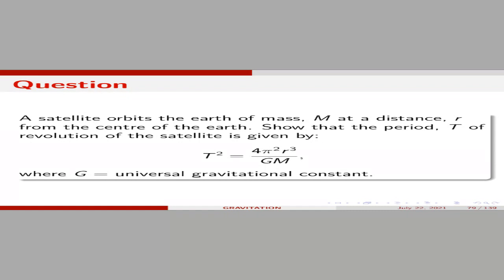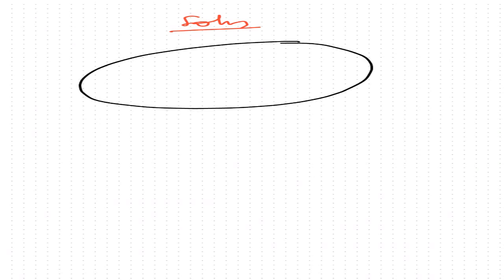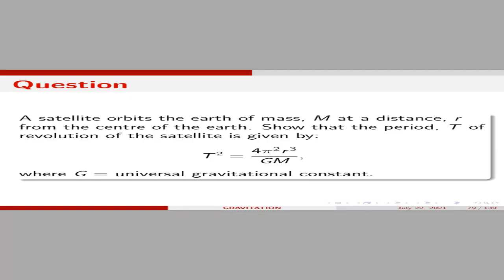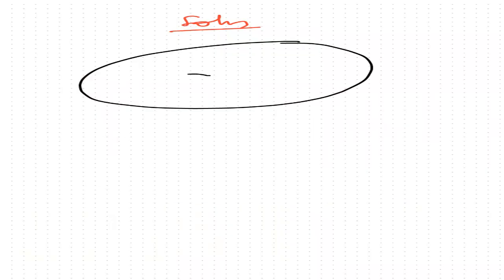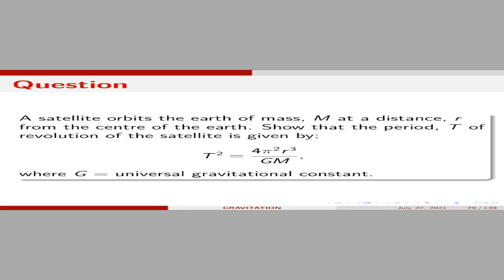Let me create my new board. So solution, according to the question, read the question carefully. The satellite orbits the Earth, meaning there is the Earth there, and it says orbits the Earth of mass.